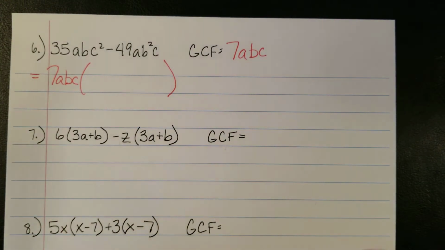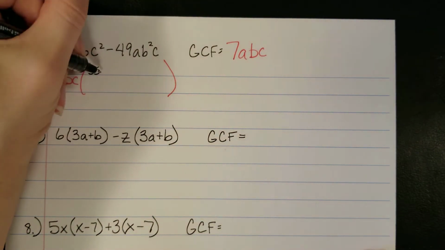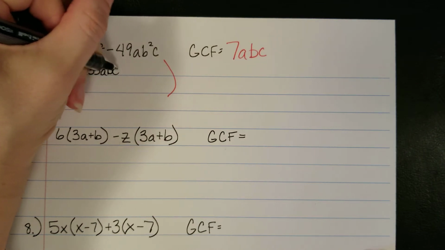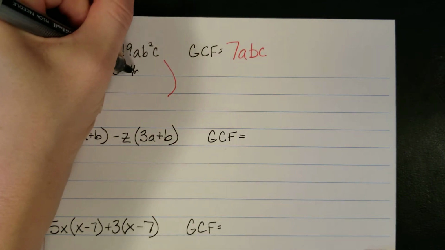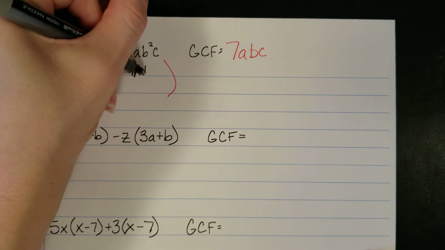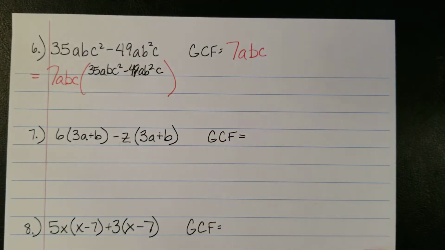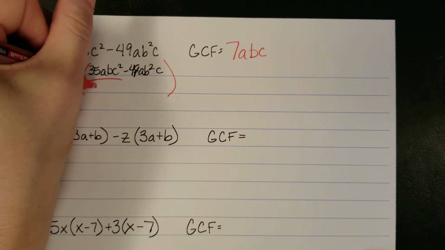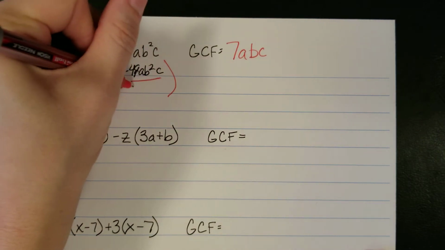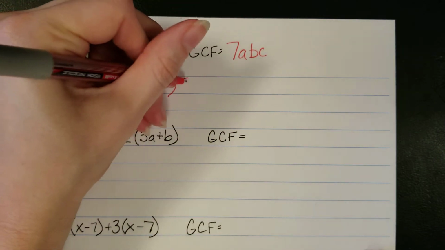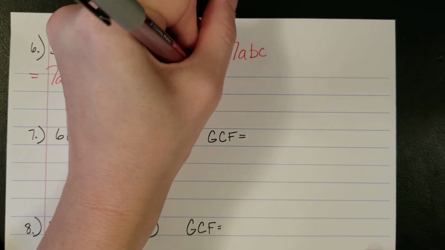Then we're going to take each of these terms. So that's 35abc squared minus 49ab squared c. Divide each of those by 7abc. So keep the 7abc in the front.